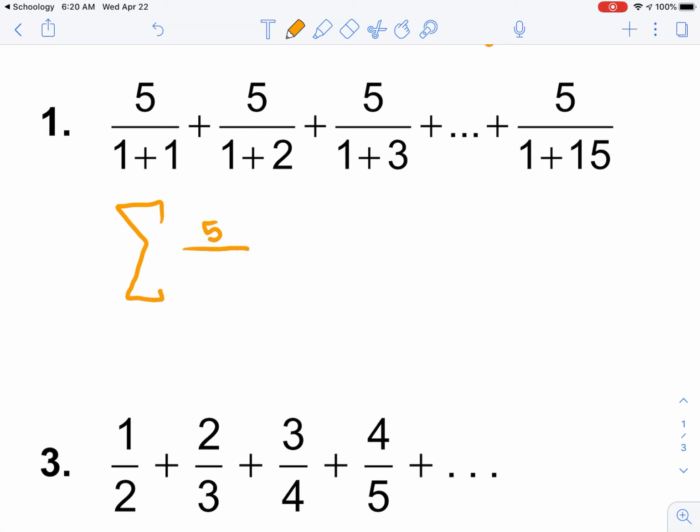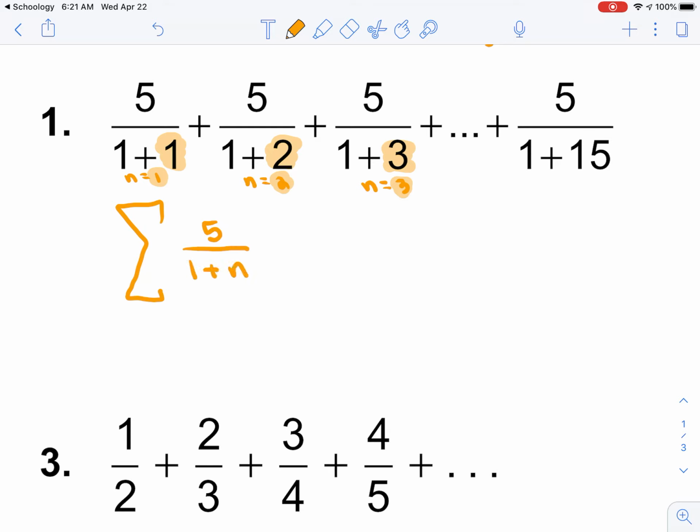But on the bottom, remember that we call this n equal to 1, n equal to 2, n equal to 3, and so on and so forth. What you're seeing is that the n value, so the term number, is always being added to 1. So when I write my rule, I'm going to say 1 plus n.